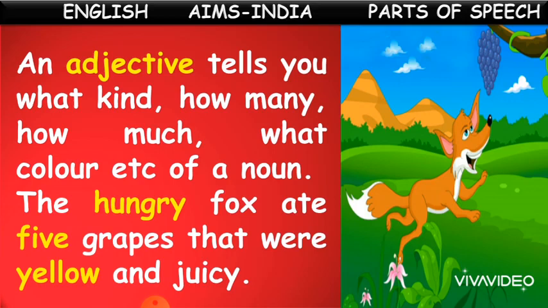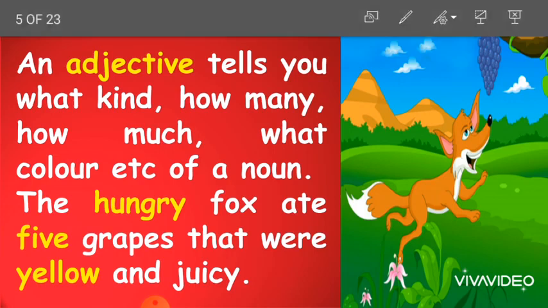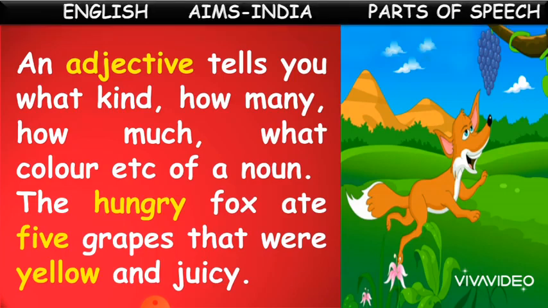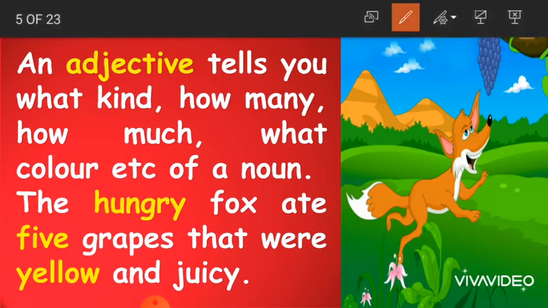Grapes is again a noun here. Now how many grapes? We have 5 grapes, so 5 becomes an adjective. That were yellow and juicy. How about the grapes, children? They were yellow. Even juicy is an adjective here, because it tells what color, yellow, and how it was, juicy.